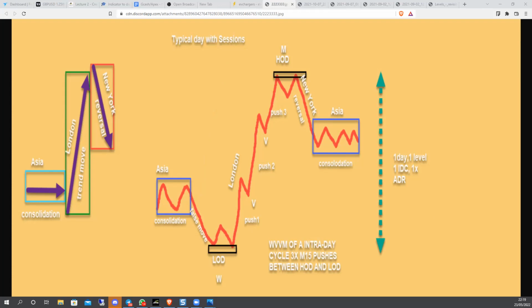So then we had our London push, and we made the high of the day, New York reversal, and back into consolidation. So we have 1 day of rise, 1 level, 1 IDC, and probably 1 ADR. So an M or W of an intraday cycle is equal to 3 M15 pushes between high of the day and low of the day, ideally. And obviously this would fit inside our A1, and then this would make our A2 kind of thing.